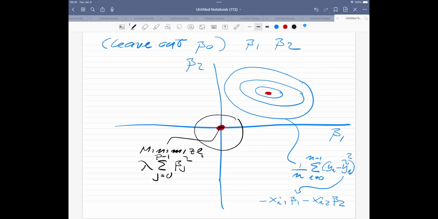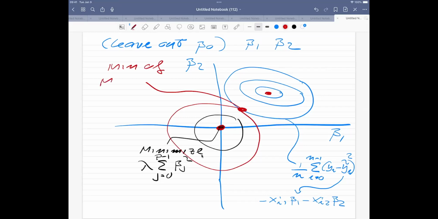And then what will happen is that when we are minimizing the whole problem, it could be that this is the case when we minimize the mean squared error, which is this term you see here, plus lambda times the sum over j equals 0 to p minus 1 of beta j squared.